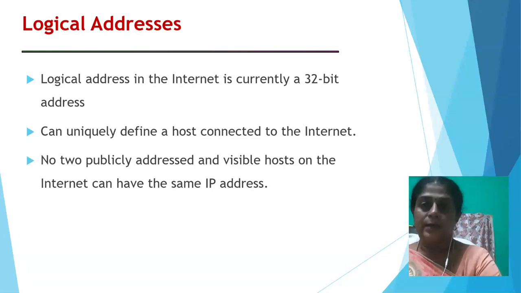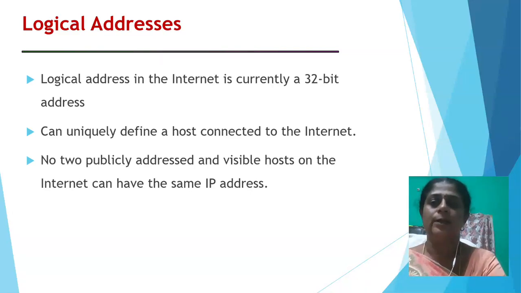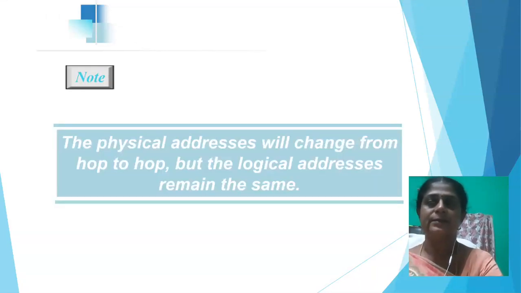So logical addresses are used whenever you want to send data from one network to another network. In the internet era, you have to have a logical address for your system to get connected to the internet. So this is all about logical addresses. Now I want to give you a note here saying that the physical addresses will change from one hop to another hop, but the logical addresses always remain the same.